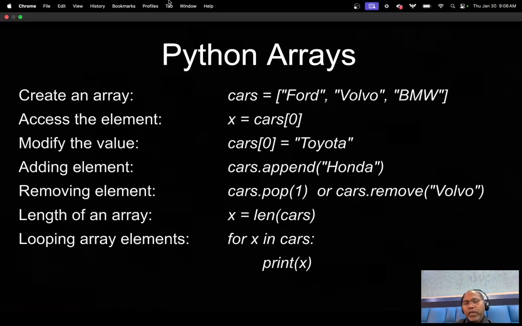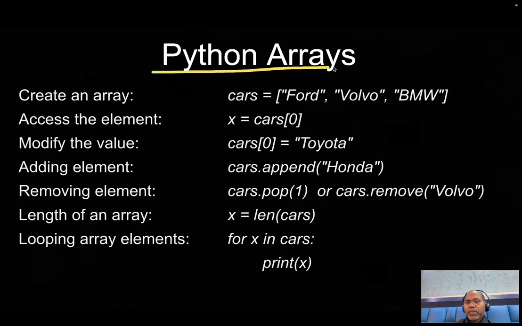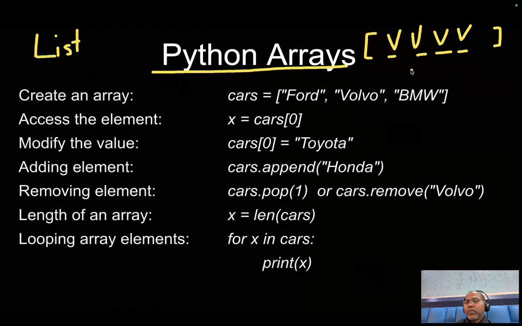A list is the data structure in Python where you can store multiple values in one variable, and each value can be retrieved by its index.